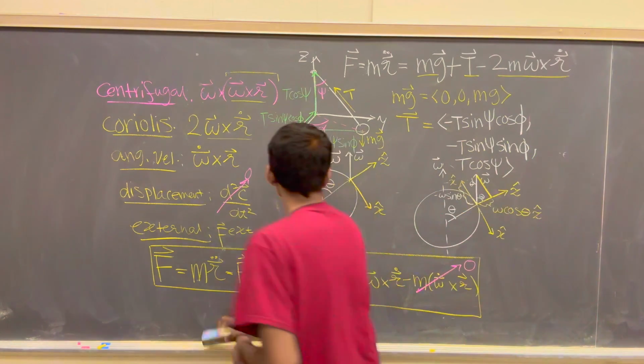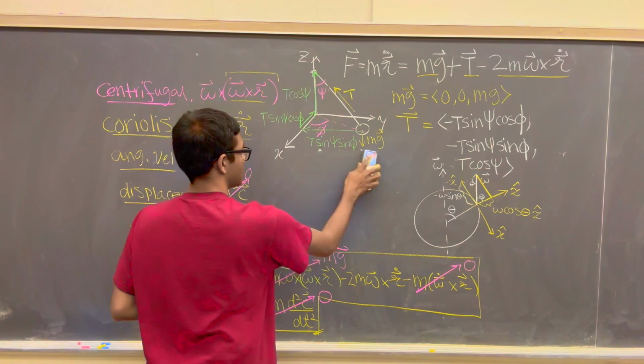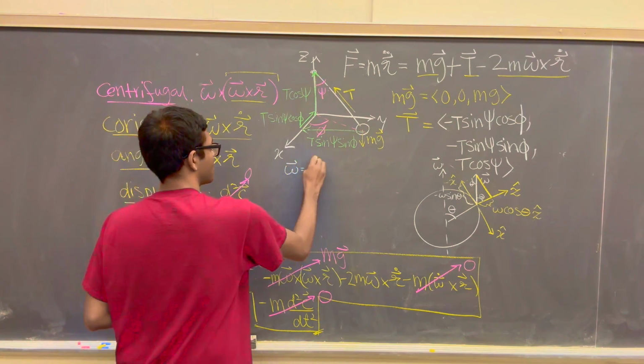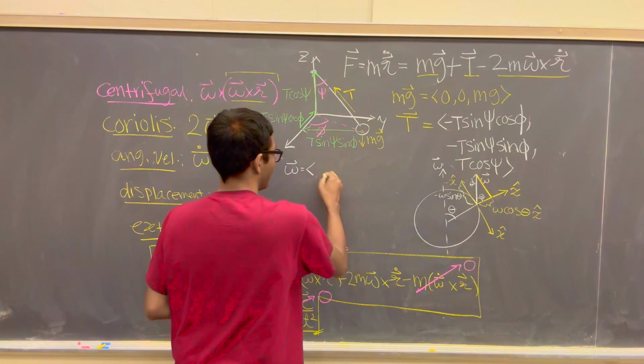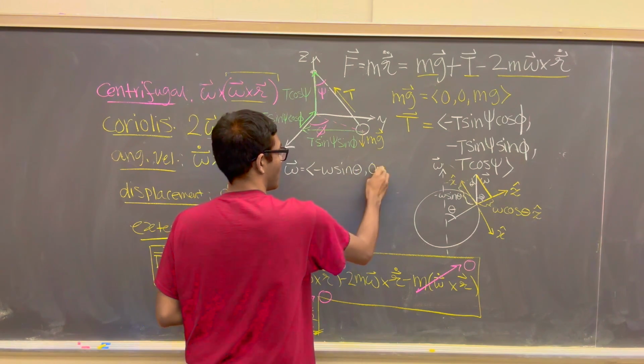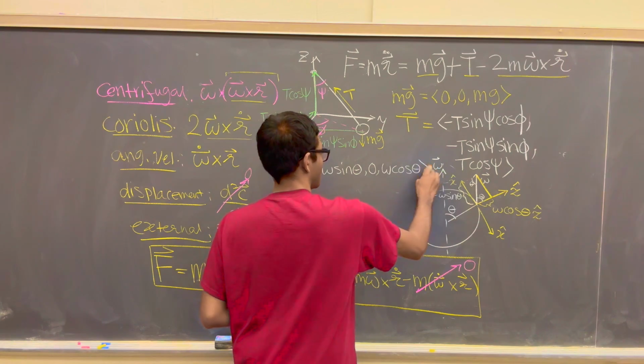Let's write it down over here. So omega is equal to, in the x hat direction, minus omega sine theta, in the y hat direction, 0, and in the z hat direction, omega cosine theta.